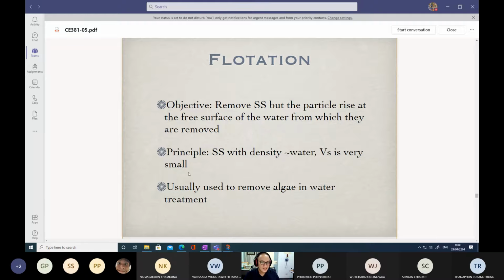We can use this technique to remove algae in water. As you know, the density of the algae cells themselves is very small, so flotation would be a good idea to separate algae from water. So this is about the objectives and the principles of flotation.